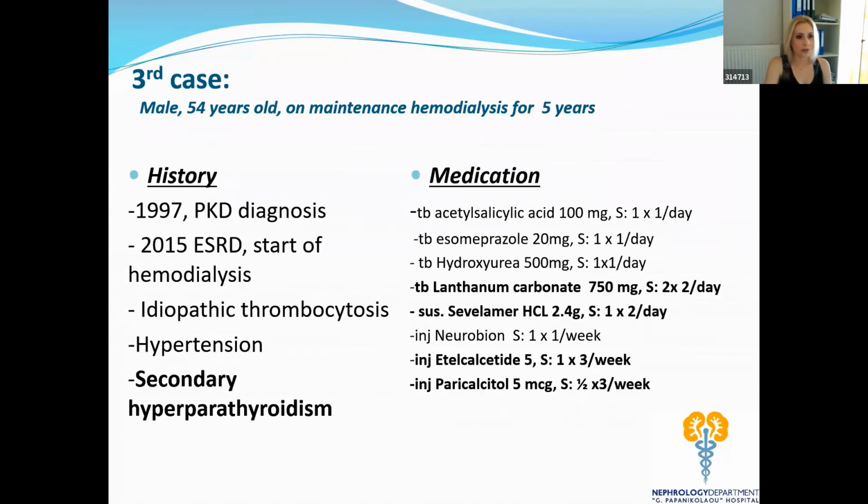Our third case is a 54 years old male with polycystic kidney disease and a history of idiopathic thrombocytosis. He has poor compliance about his dietetic advice on phosphorus intake and medication dosage, as you see with his medication for hyperphosphatemia and hyperparathyroidism.